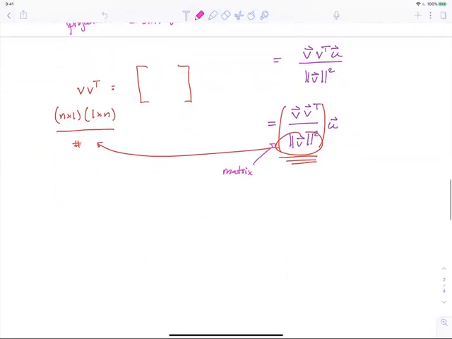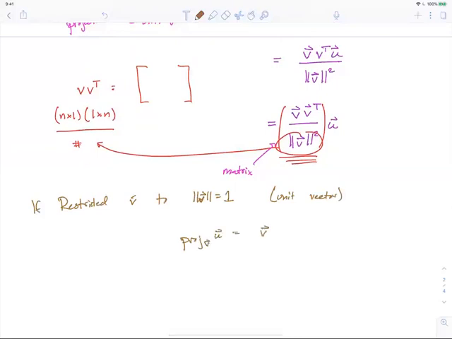There's another thing that if you restricted v to be a norm 1, right? This is often called a unit vector. Then the projection of u onto v is just v transpose times u.